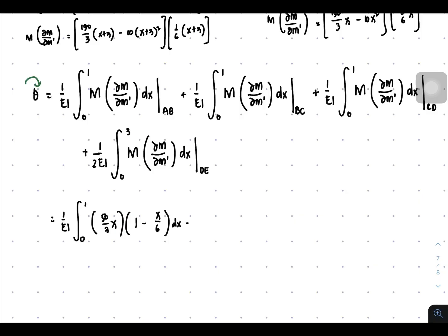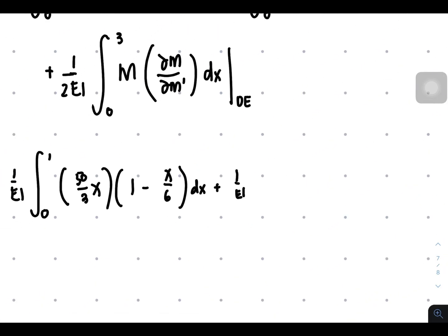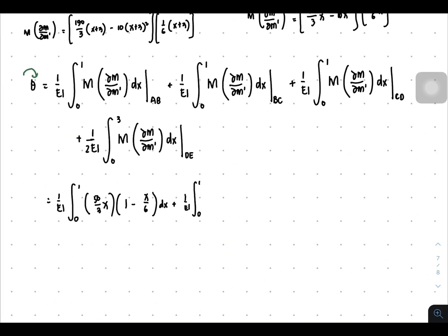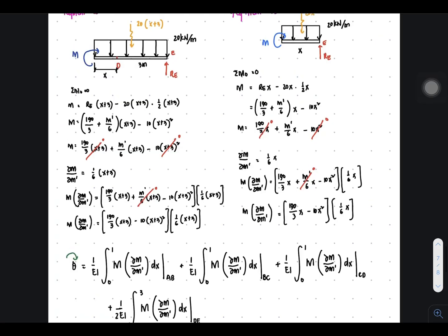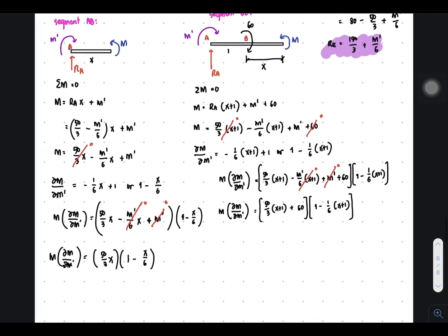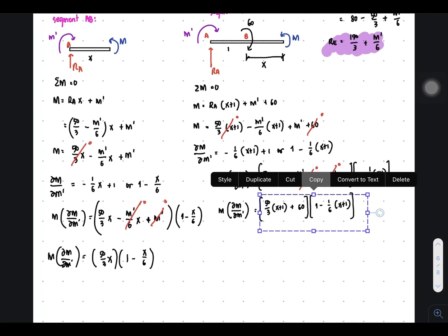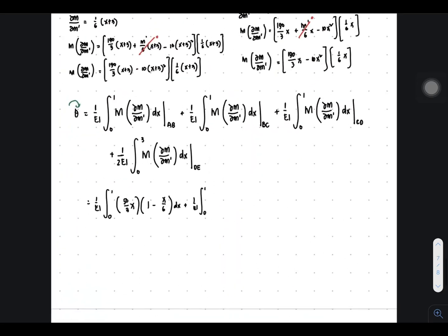This is for AB times dx plus 1 over EI for the integral from 0 to 1 limits for B to C. So let's get the B to C equation. So this is B to C. Let's copy this one.